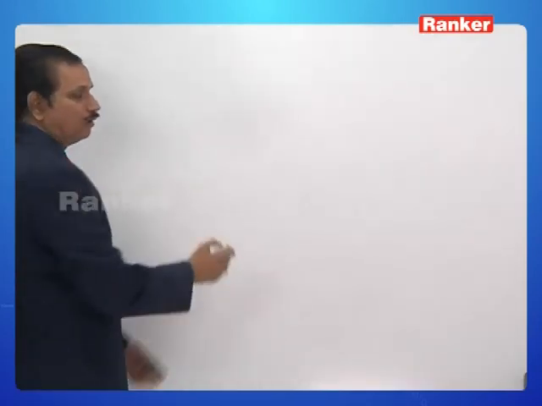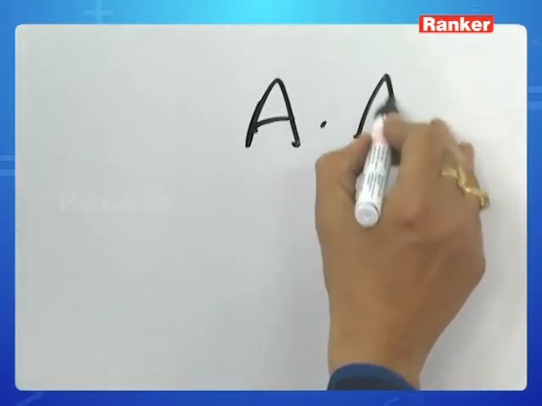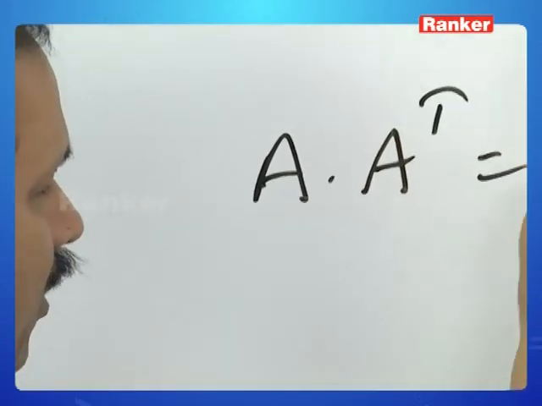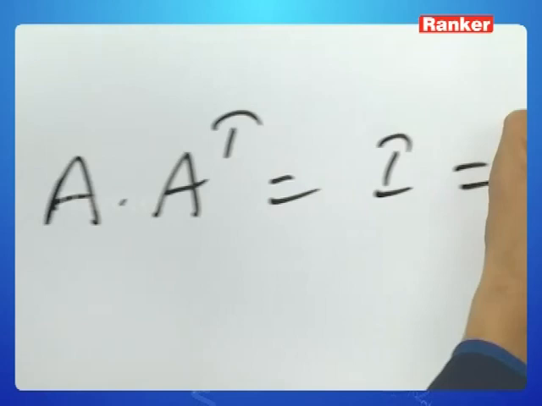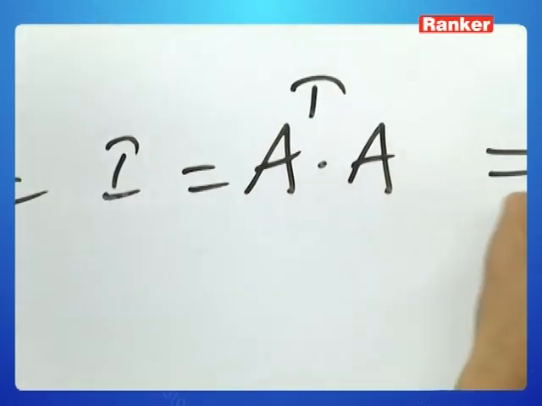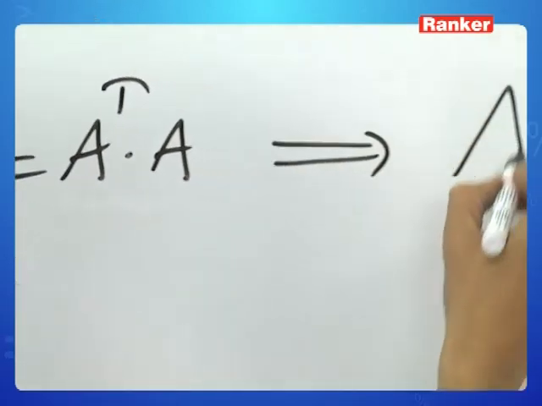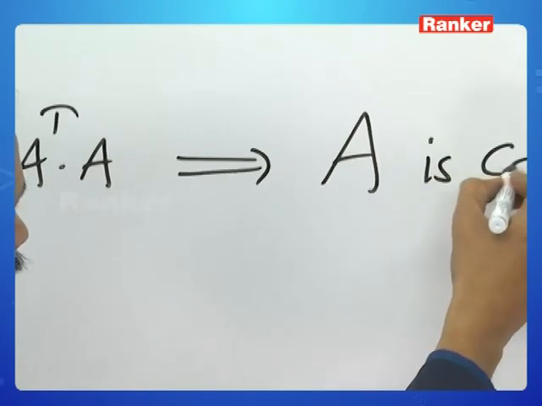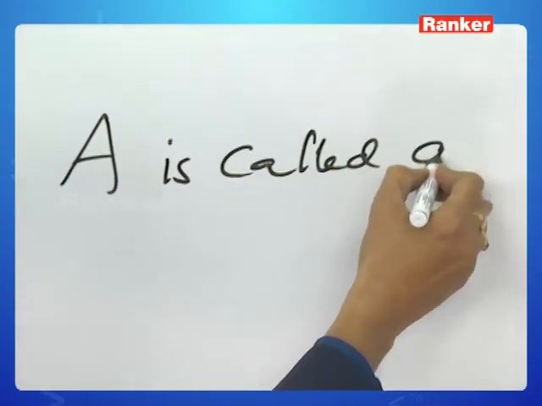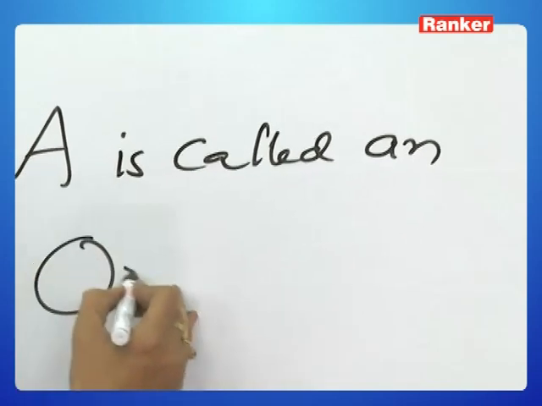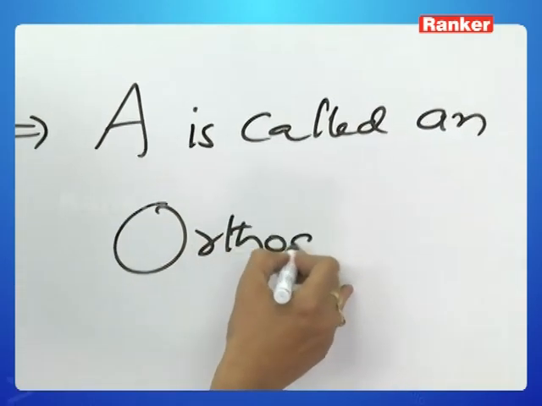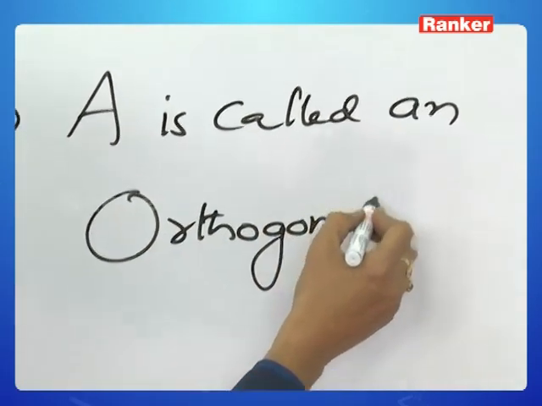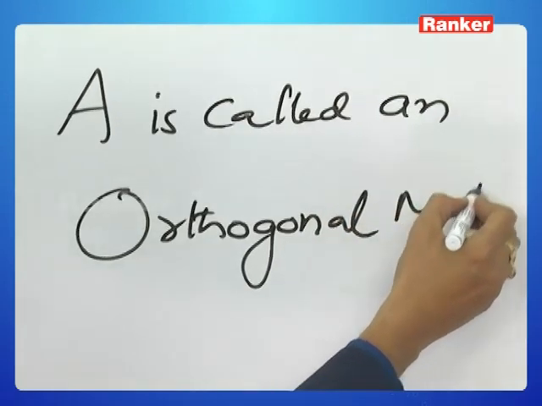Previously, we have known that A into A transpose is equal to I is equal to A transpose into A implies A is called an orthogonal matrix. What is that? Orthogonal matrix.